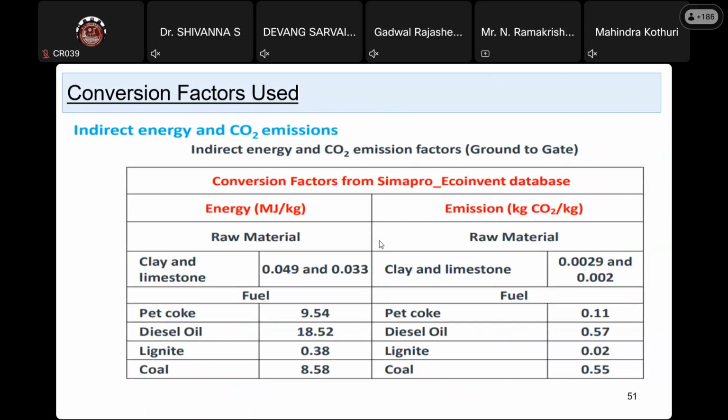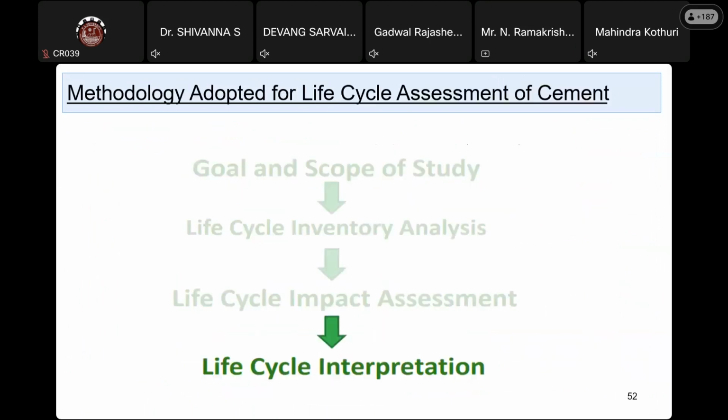So these are the conversion factors you're going to get from this ecoinvent database. Earlier one was direct, this one is indirect CO2 emission factors. So different energies, what are the raw materials, what is the fuel you're going to use, all this is being calculated. And finally, you go for life cycle interpretation, the last step in the life cycle assessment.